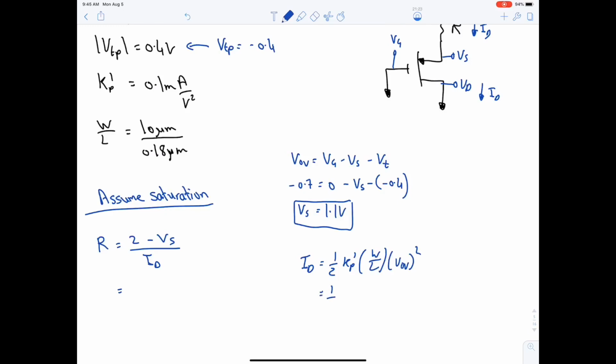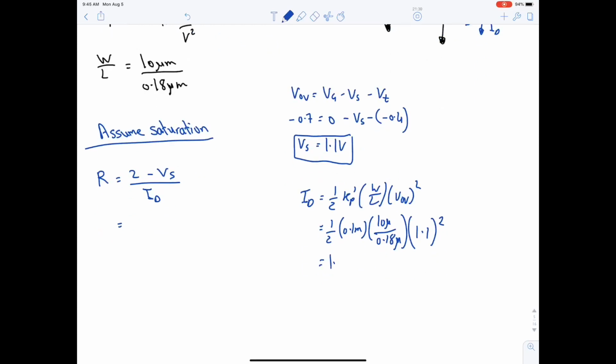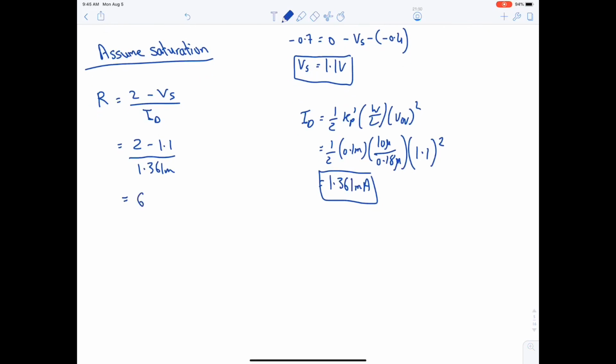ID is unknown, Kp prime is 0.1 milli, W over L is 10 micro divided by 0.18 micro, and VOV is 1.1 squared. This will give us 1.361 milliampere. Okay, 2 minus 1.1 over 1.361 milli. This will end up with 661 ohm. Great.